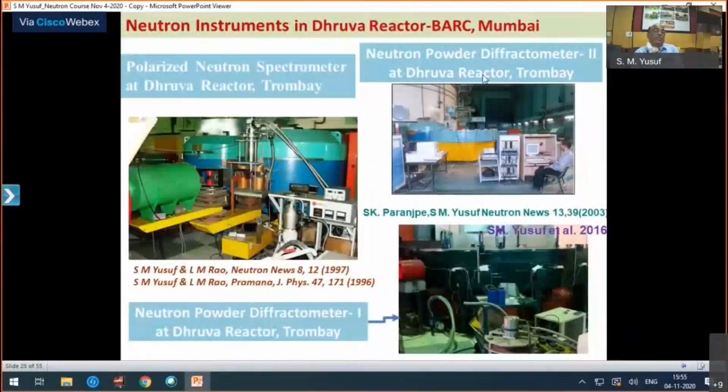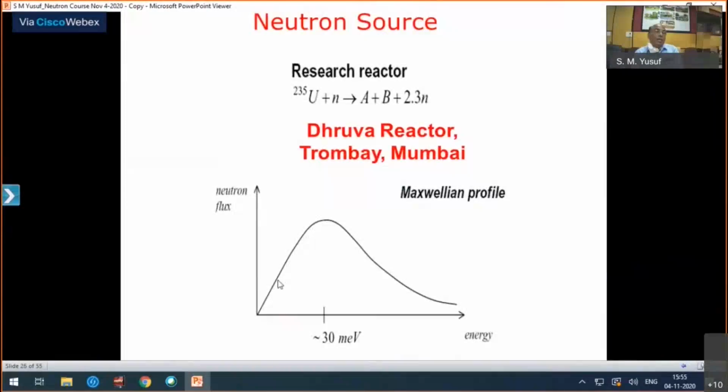So these are pictures I am showing of some of the neutron instruments, particularly from the neutron diffraction point of view. I'll be showing some results based on these facilities. As I said, out of this reactor you are getting neutron flux, which of course has a Maxwellian distribution, typically peaking around 30 milli electron volt.